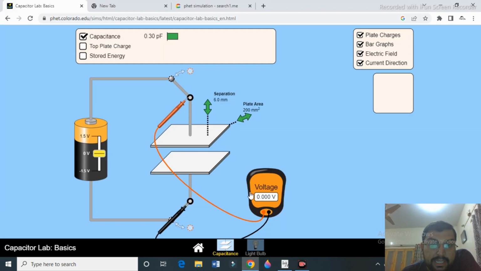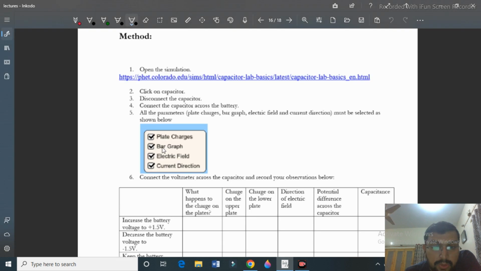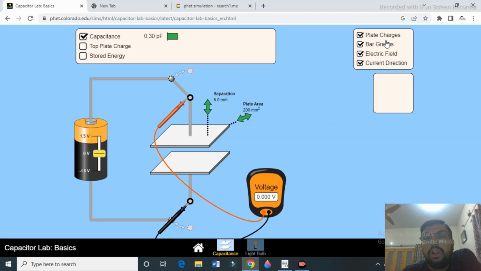The capacitor is connected across the battery, but the battery is not yet on, you can say. You have to check all of these parameters: plate charges, bar graph, electric field and current direction must be selected as shown. So in my simulation, I have checked all of them.